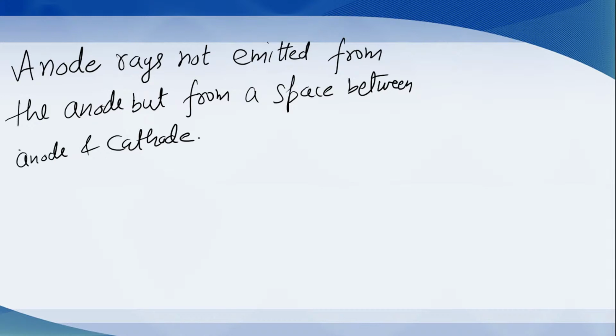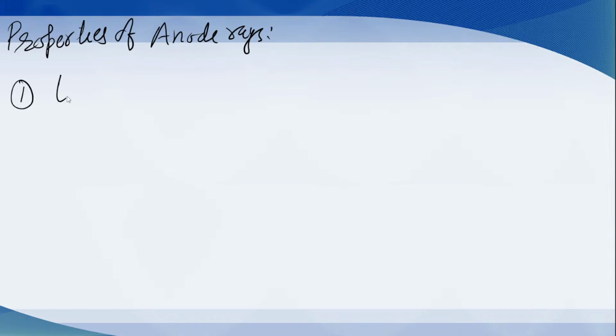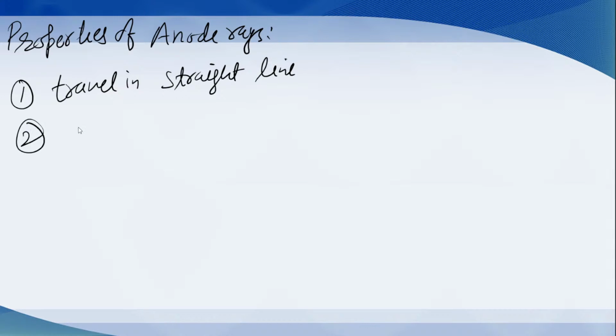So what are the properties of anode rays? They are just like cathode rays. Cathode rays travel in straight lines, so anode rays also travel in straight lines. Cathode rays consist of material particles, anode rays also consist of material particles.